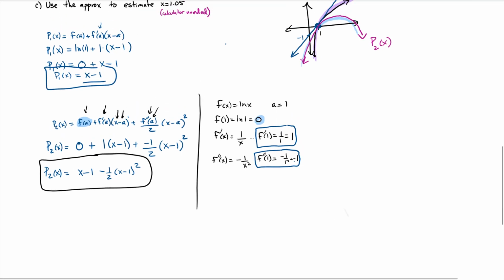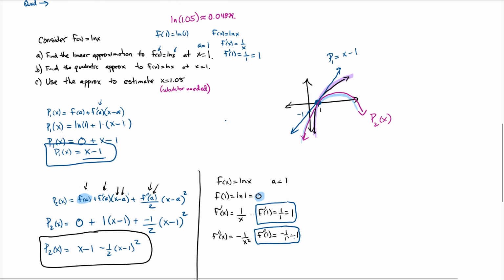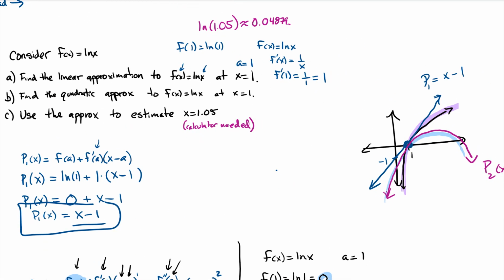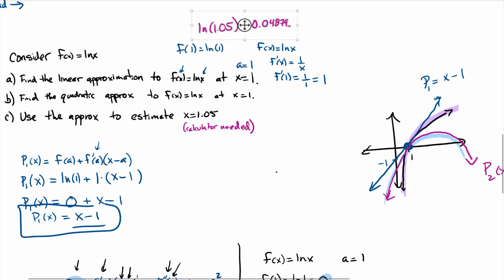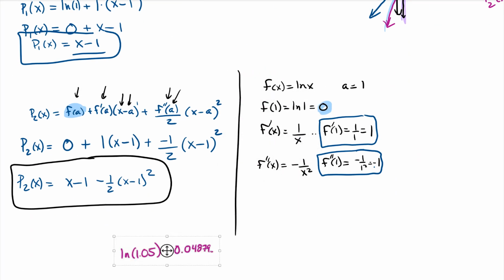Okay, so we've now come up with a first degree or a linear approximation for ln of x at x equals 1. We've come up with a quadratic approximation to ln of x at x equals 1. And now we're going to use the approximations to estimate ln of 1.05. And as before, we know what ln of 1.05 is, just plugged into a calculator.